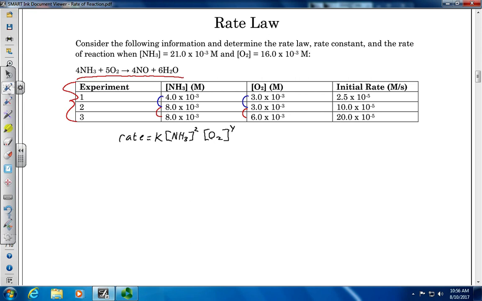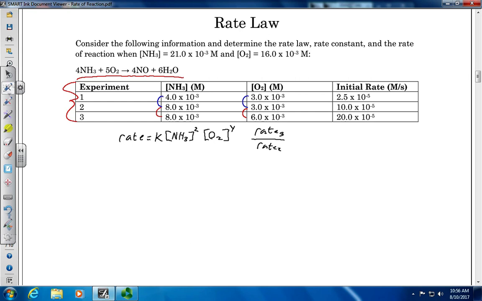In which case we'd have to look at the concentration of O2 that's changing. And we're going to do that with the relation between rate 3 and rate 2, because between rate 3 and rate 2, oxygen is changing, but ammonia is not.